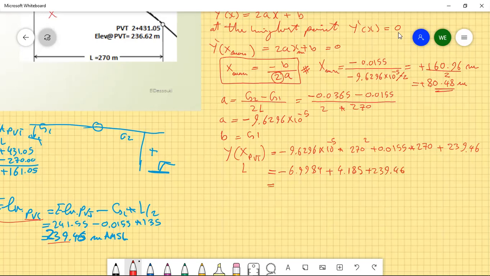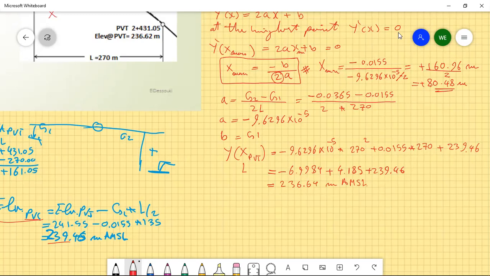So this will be 239.46 minus 6.9984 plus 4.185, which is 236.64 meters above mean sea level.